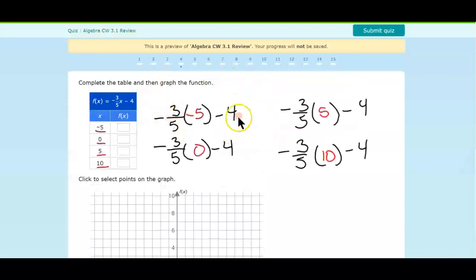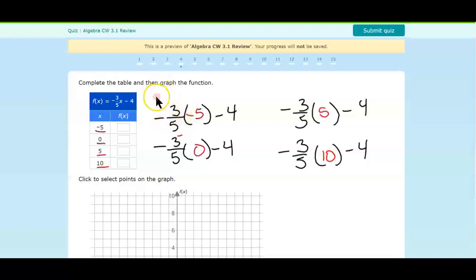You can literally plug this exactly as you see it in your calculator. If not, if you're using one of the classroom calculators, anything on the top of a fraction is something you multiply by. Anything on the bottom of a fraction is something you divide by. So if I were putting this in a classroom calculator, unfortunately you have to put the sign in last.